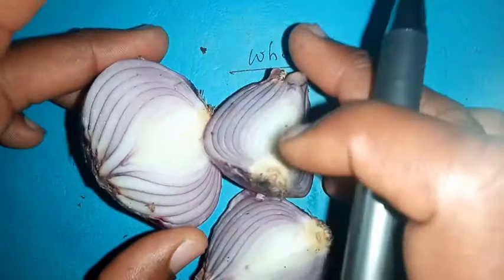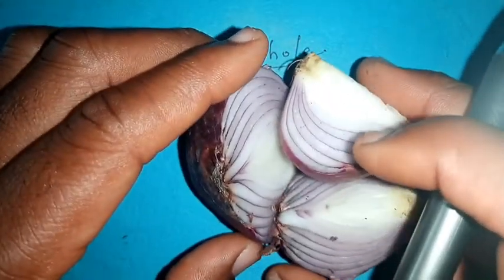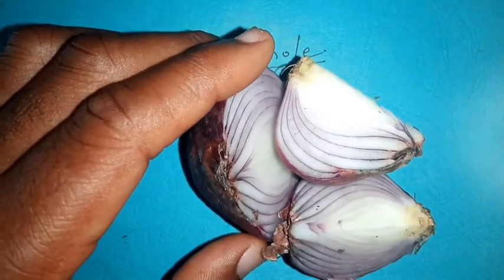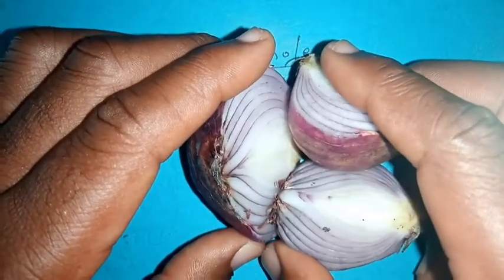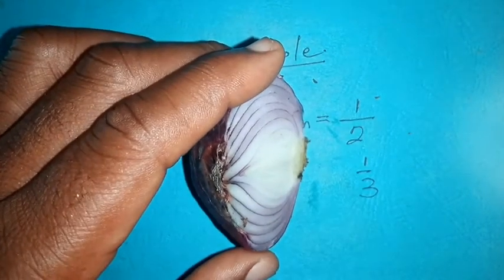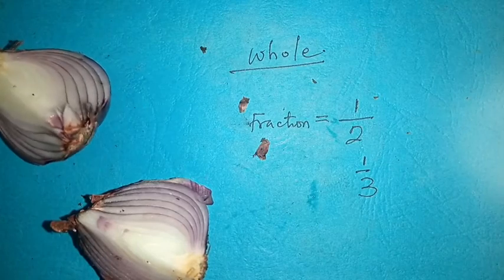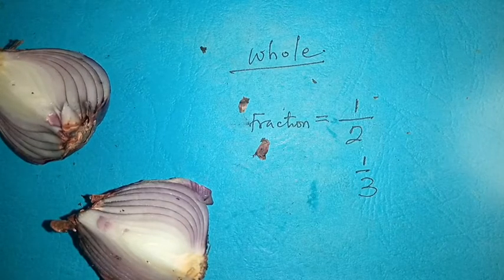Now, imagine if I decide to use 2 for cooking. What do you think the fraction will be? Okay, let's finish up. Let me go further to divide this into 4.